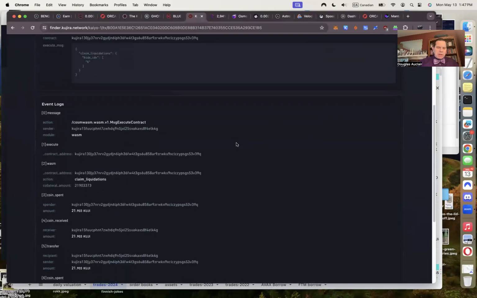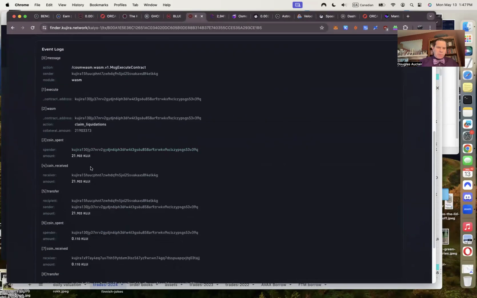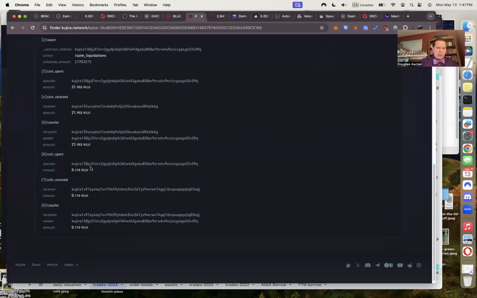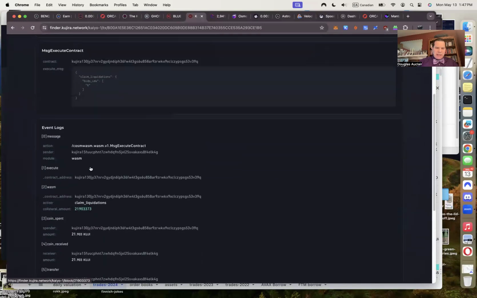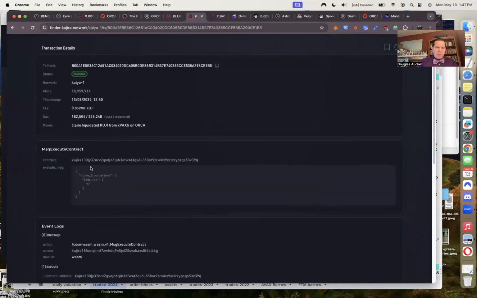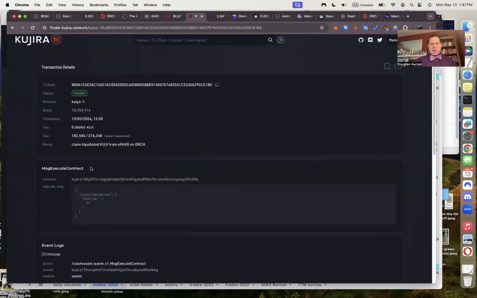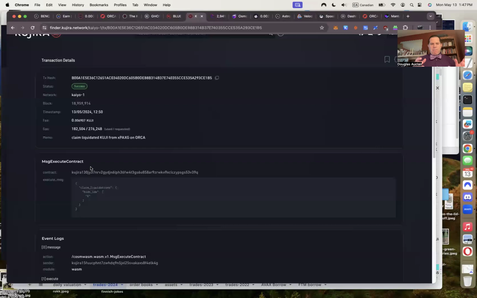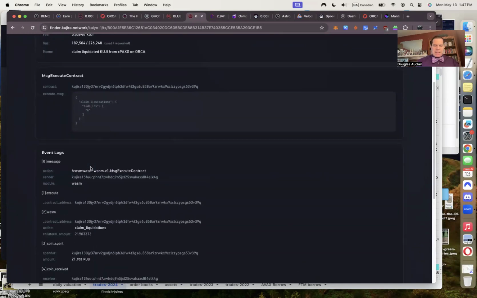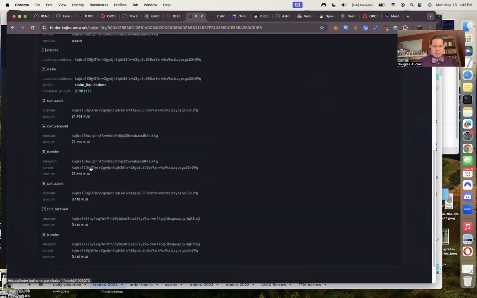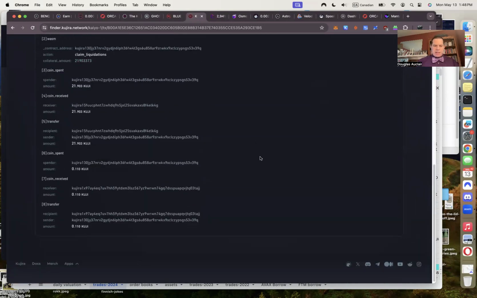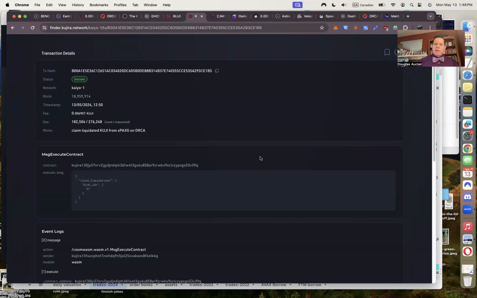It says claim liquidation. So I claimed 21.9 Kuji, but it doesn't tell me anywhere here how much gold I used to claim that liquidated Kuji. My request to the Kujira team is that you include in the transaction how much collateral was used to buy that liquidated asset, because I don't see it here in the transaction.